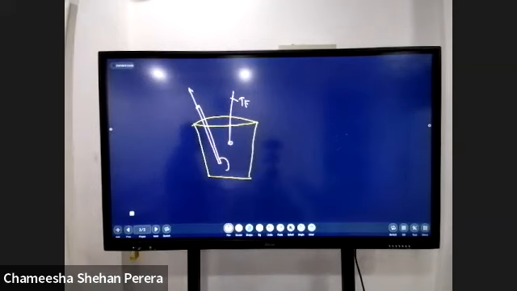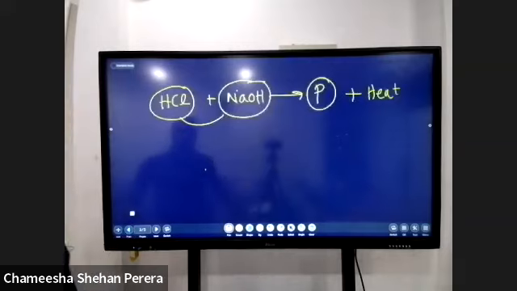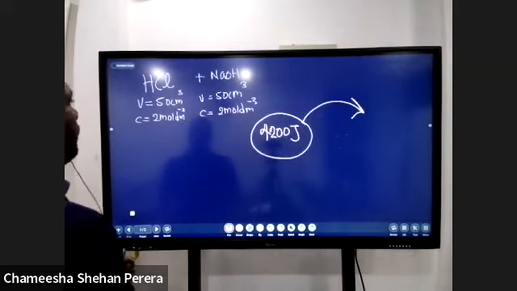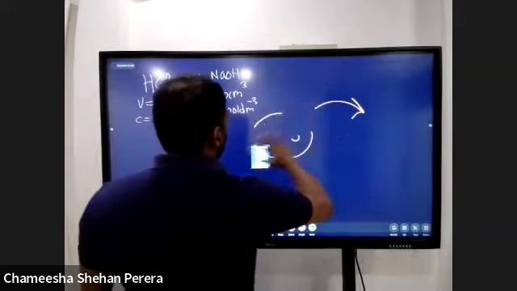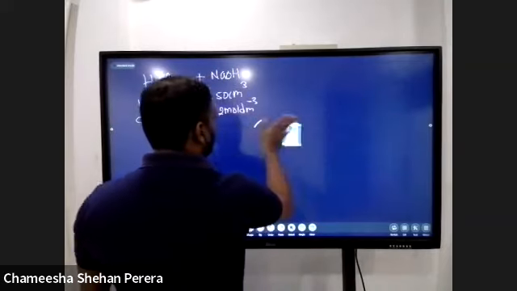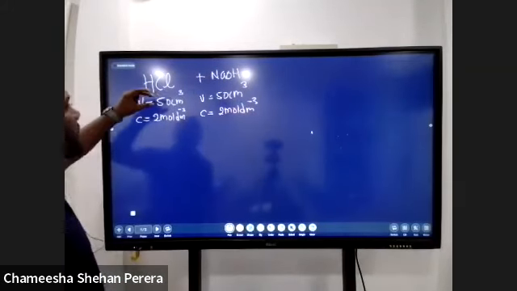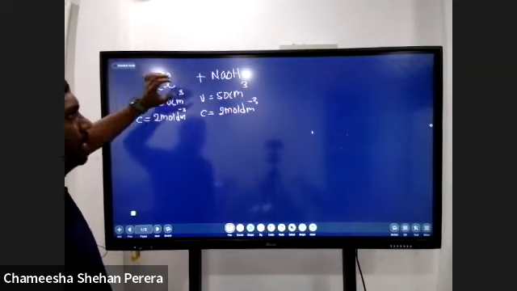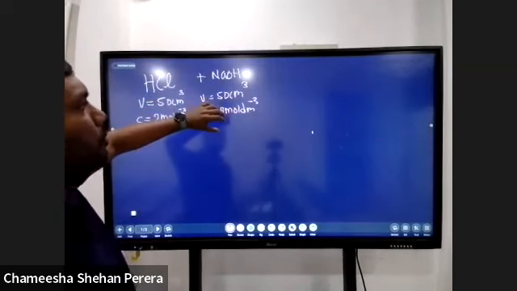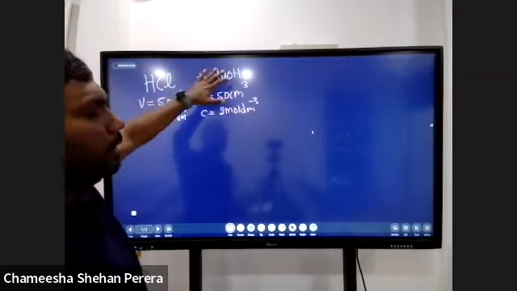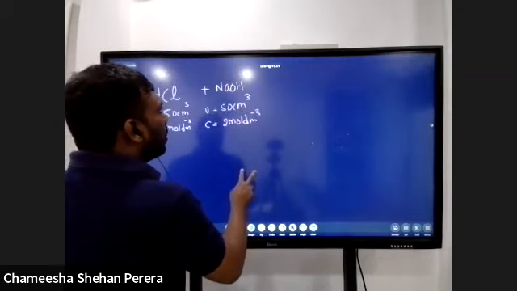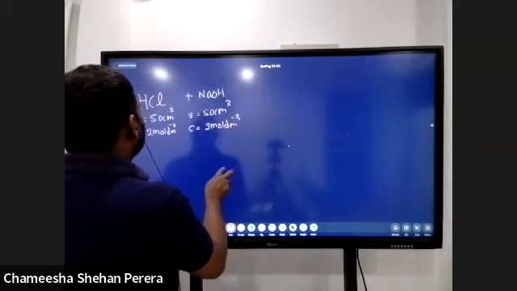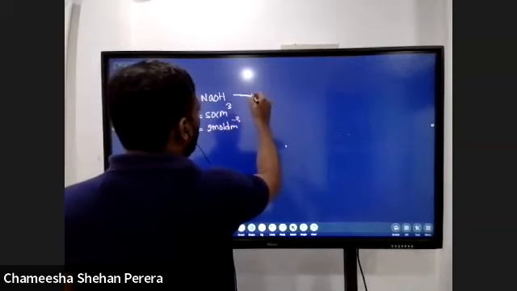Now, what you have to understand from here is, when you add 50 cm³ of 2 moles per dm³ HCl with 50 cm³ of 2 moles per dm³ NaOH, you observed a reaction generating a salt.